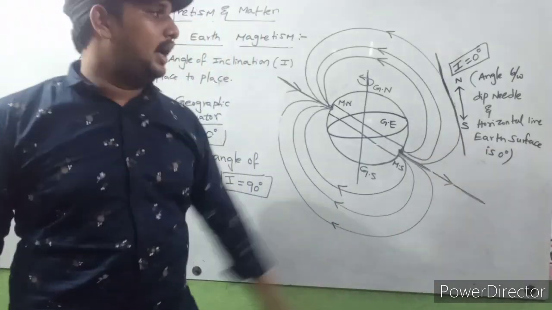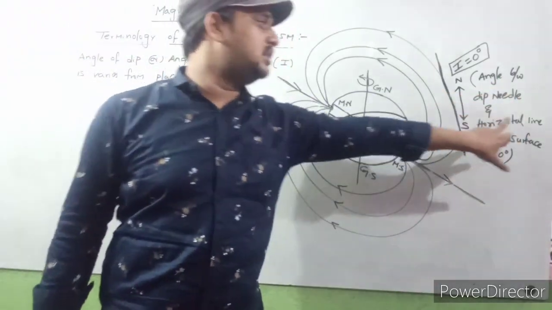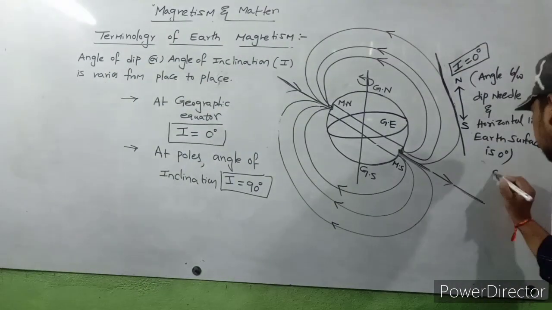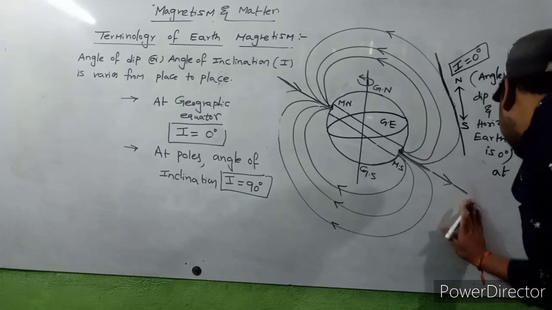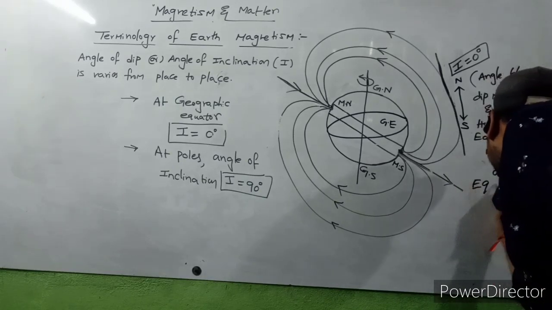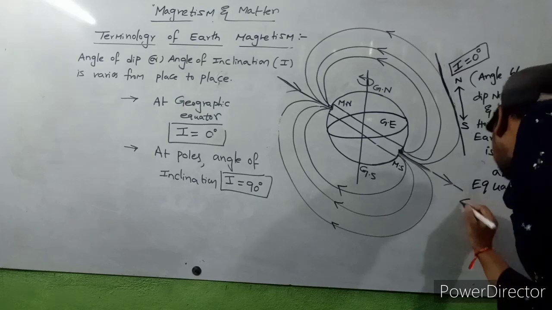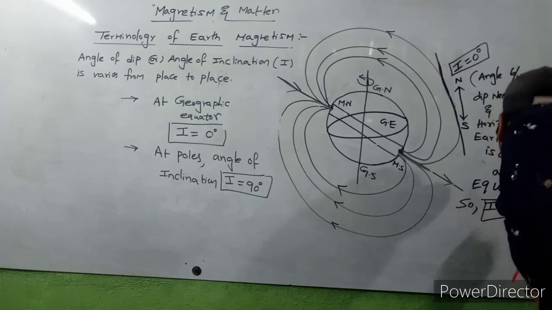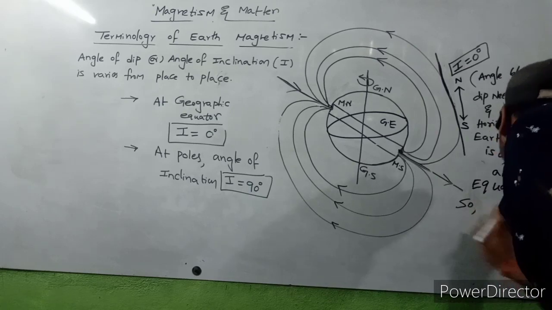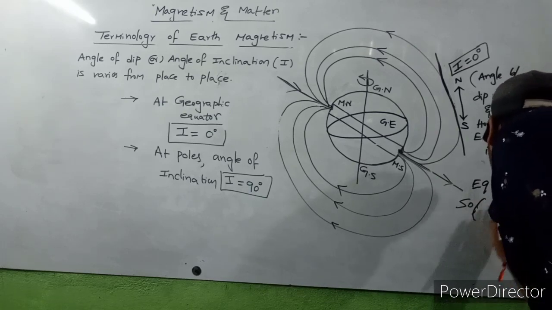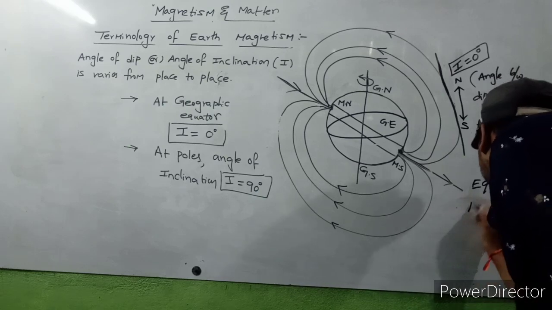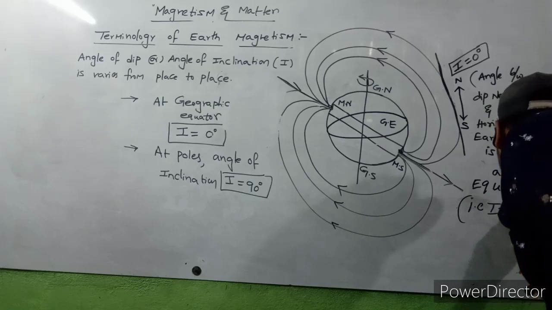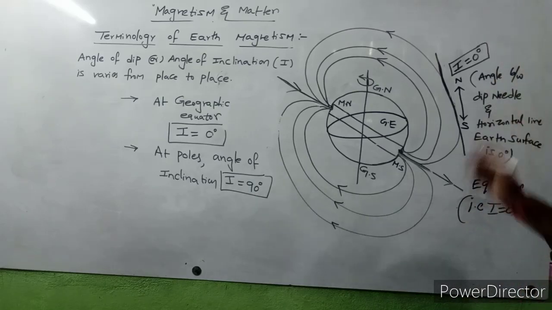Are you got my point? The angle between the dip needle and the horizontal line of the earth surface is 0 degrees at the equator. So the angle of inclination at the equator is 0 degrees.